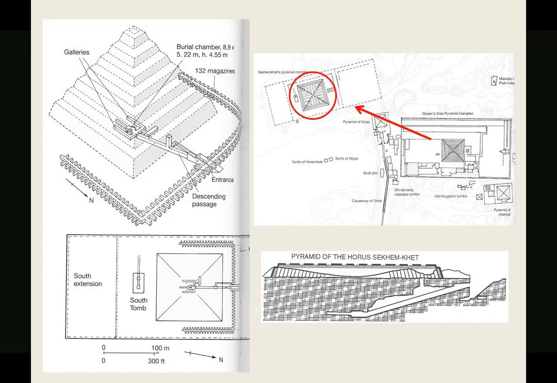And the pharaoh Sekhemkhet hired, or more likely Imhotep was obliged to design Sekhemkhet's pyramid. And unfortunately, the pyramid never got very tall. My thinking is that Imhotep died, Sekhemkhet outlived Imhotep, and whoever Imhotep's successor was couldn't quite handle the job.